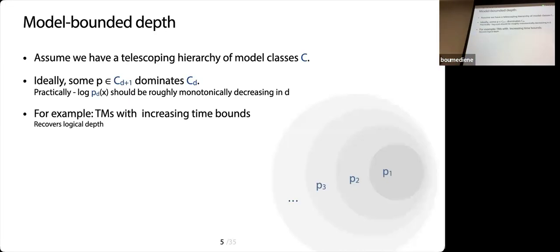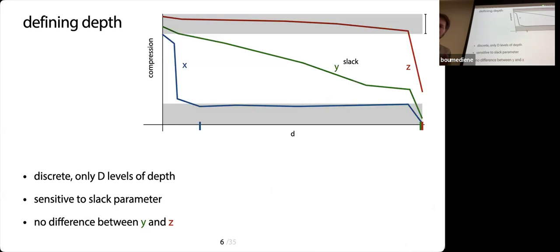So you have again this hierarchy, and that's what we call our depth, how deep into this hierarchy. And then Turing machines with increasing time bounds are just a special case of this, which increase to the universal Turing machine. And so that recovers logical depth.